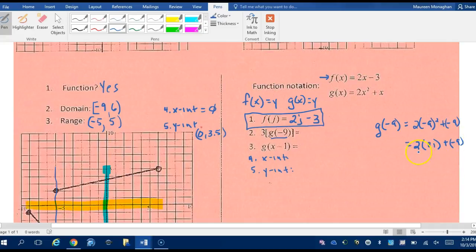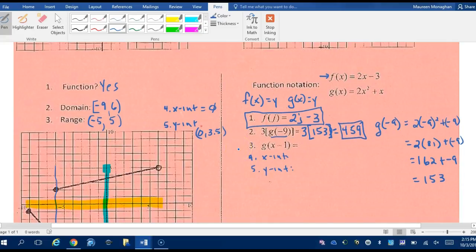I like doing that. 2 times 81, that's 162, plus a negative 9. What's that bring me to? A 153. And that's still times 3. But you have to wait until after you find your g of negative 9. So 3 times that is 459. Hope that's right.